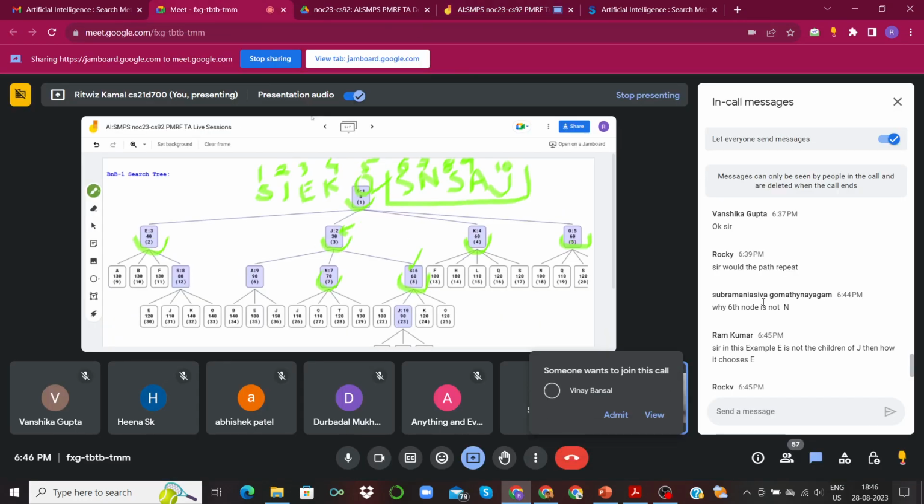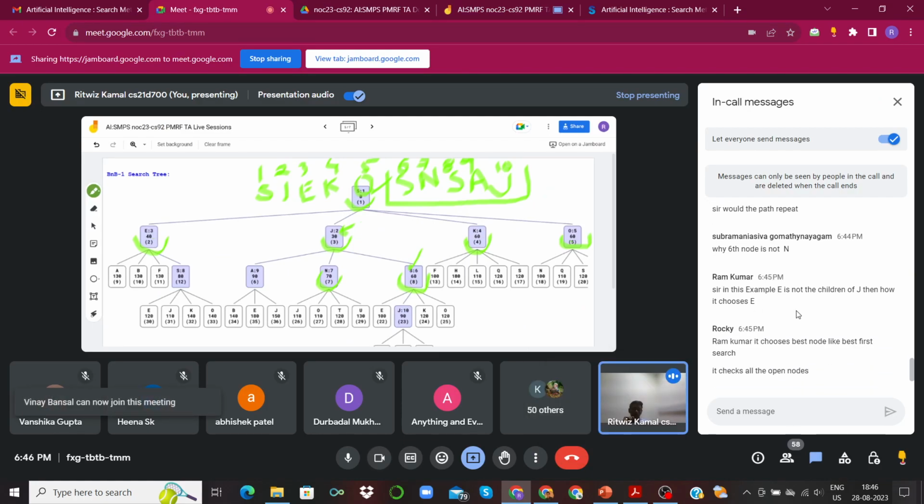Okay, and then the next doubt is, in this example, E is not the child of J, so how do we choose E? Good question. The reason we were able to choose E even though it is not a child of J is because we are looking at all possible available options at a particular moment, not just at the children of the node that we are currently refining.